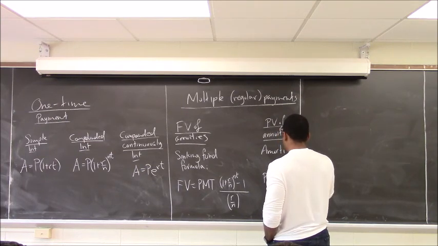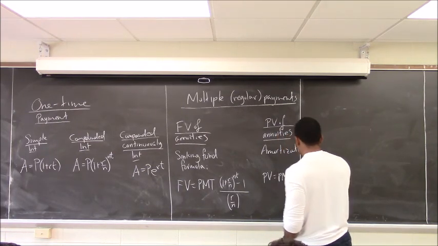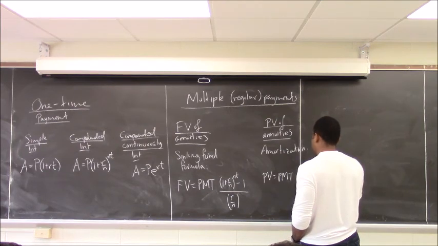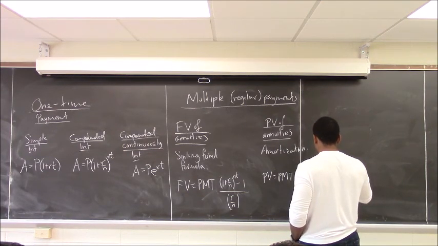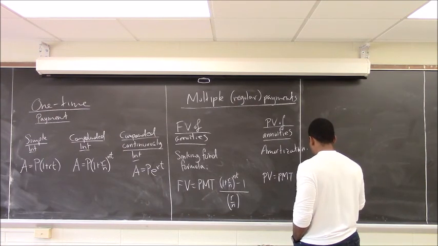And you can talk about that in terms of payments as well. But this is 1 minus 1 plus R over N to the minus NT over R over N.